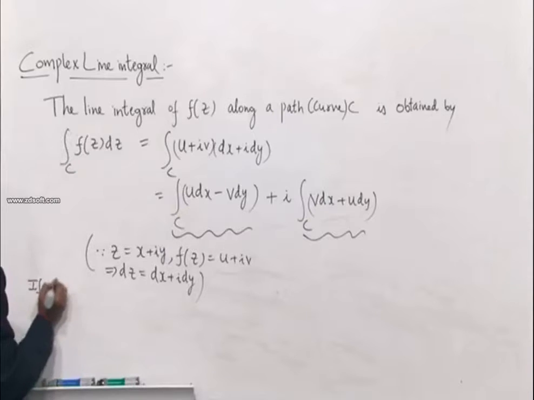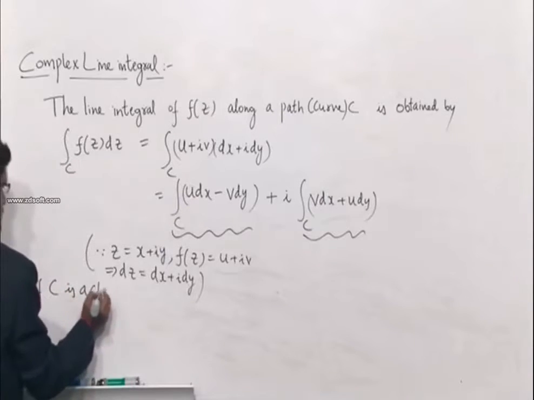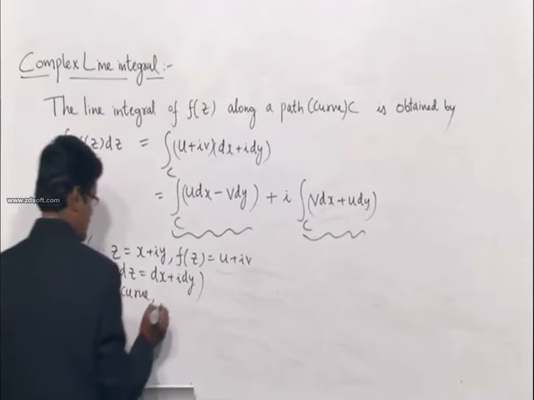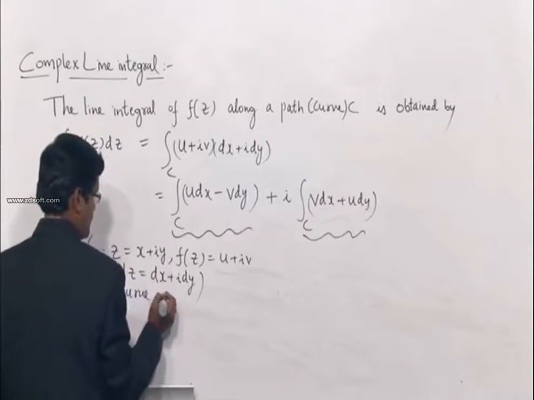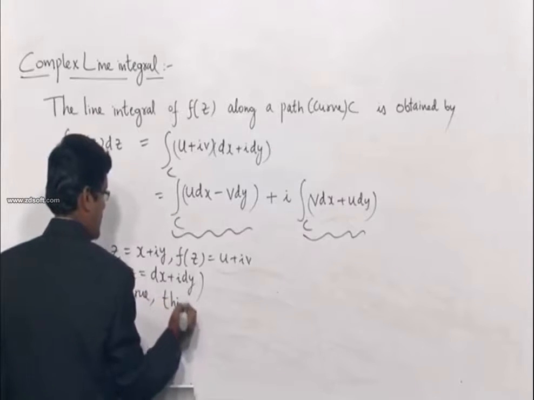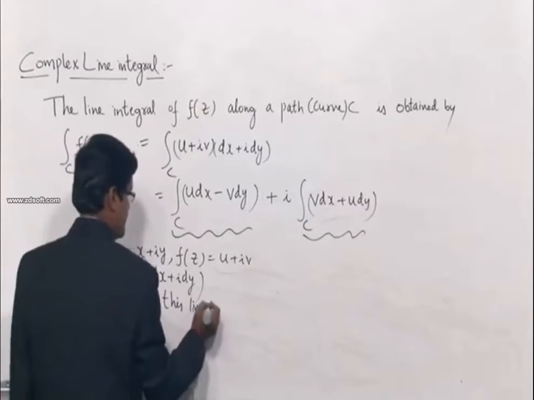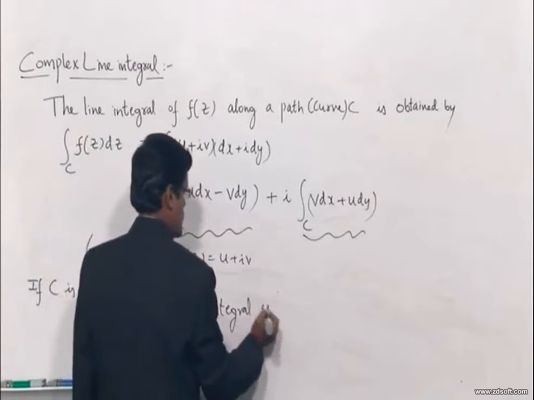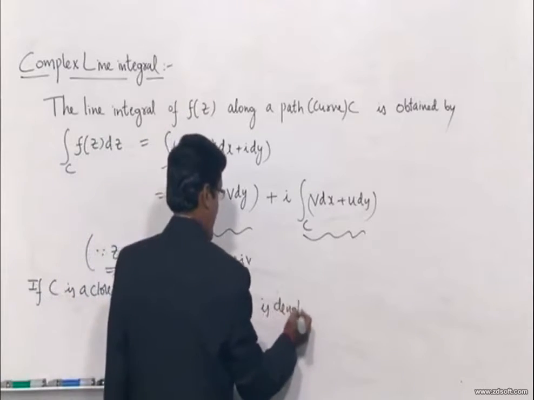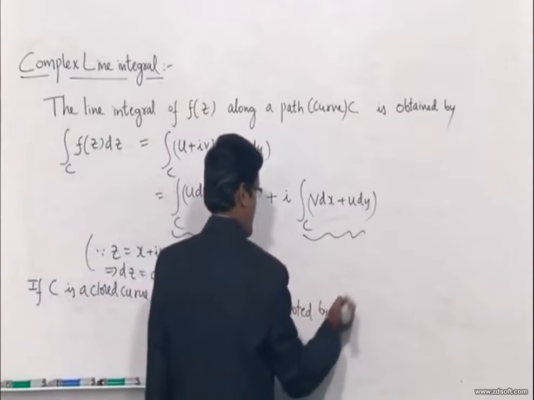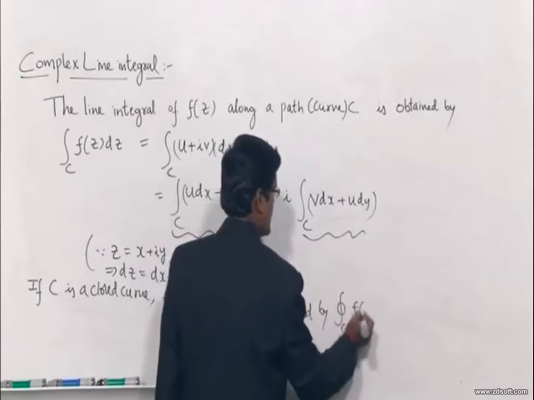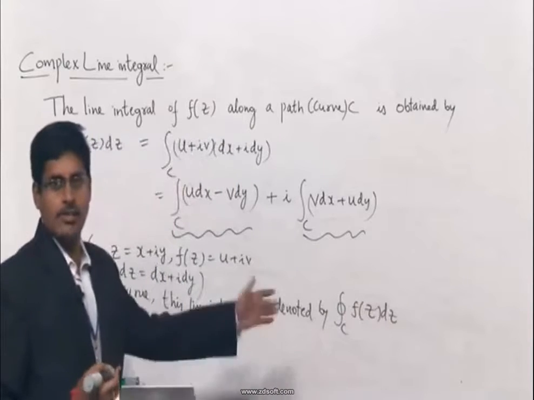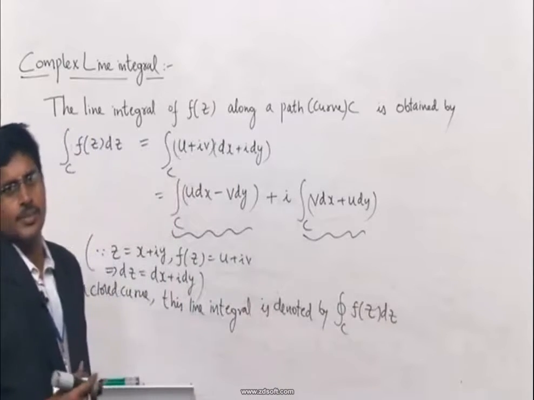If C is a closed curve, this line integral is denoted by the integral over C. Earlier it was vector treatment, here it is complex treatment. Vector line integrals were given, and now the complex line integral of f of z dz.